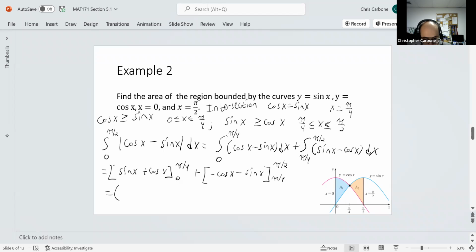So this would be 1 over the square root of 2 plus 1 over the square root of 2 minus 0 minus 1, plus negative 0 minus 1 plus 1 over square root of 2 plus 1 over the square root of 2. So this whole thing would evaluate to make 2 times the square root of 2 minus 2.